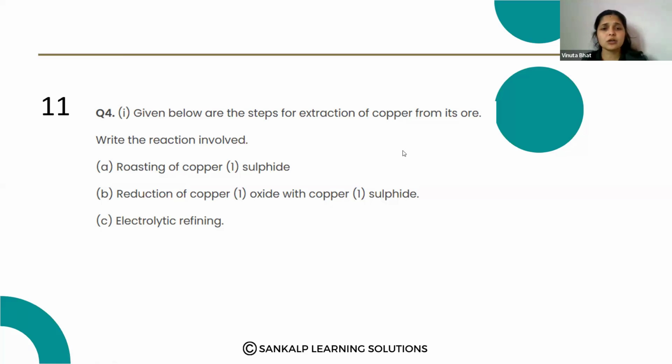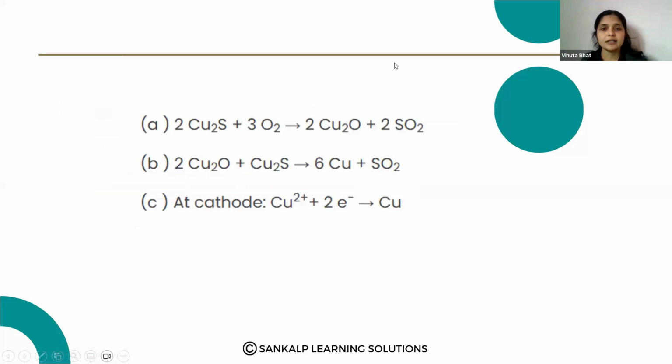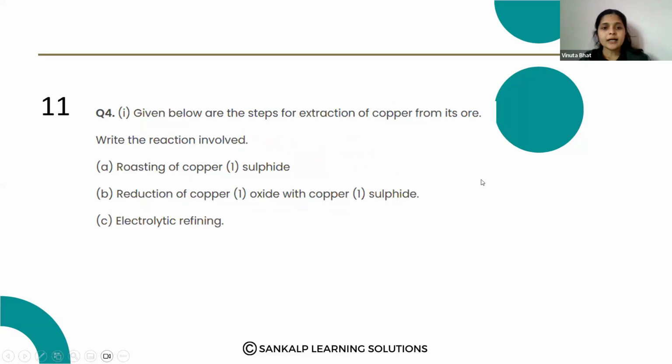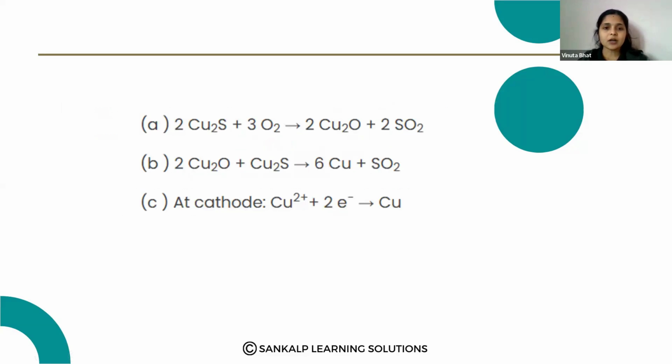First, roasting of copper sulfide. The roasting of copper sulfide, that is Cu2S, when heated with oxygen, forms copper oxide and sulfur dioxide. That process is known as the roasting process. Then reduction of copper oxide with copper sulfide: here the copper oxide is reduced with the copper sulfide into copper and sulfur dioxide.